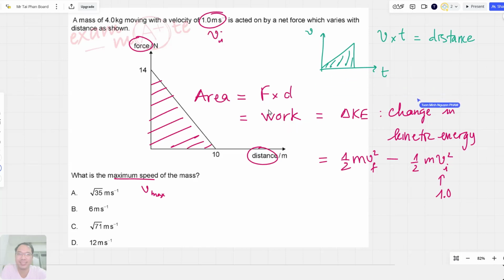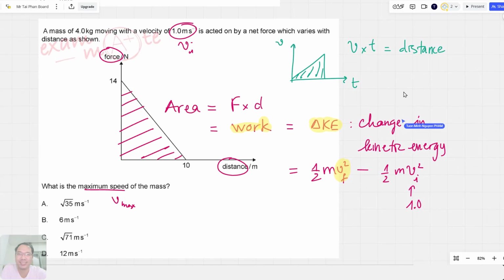The mass is 4 kilograms. So from this relationship, work equals change in kinetic energy, we can calculate the final velocity. Please continue doing that. Calculate the work and then substitute the values: initial velocity 1, the mass is 4 kilograms, and then you can find the final velocity.